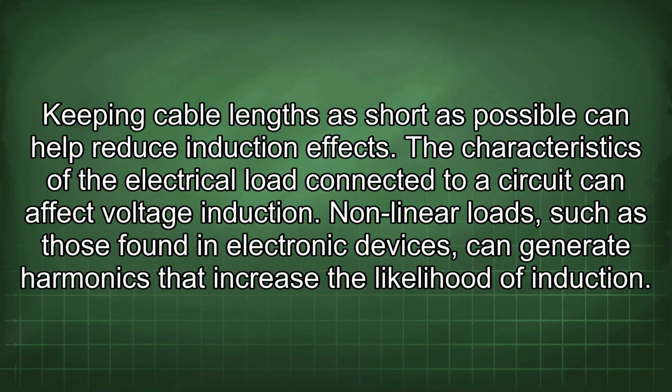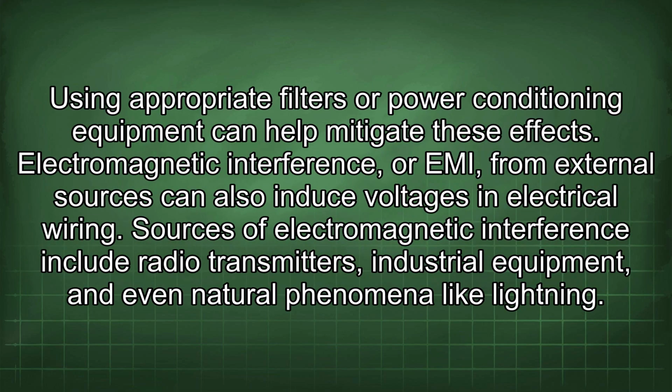The characteristics of the electrical load connected to a circuit can affect voltage induction. Nonlinear loads, such as those found in electronic devices, can generate harmonics that increase the likelihood of induction. Using appropriate filters or power conditioning equipment can help mitigate these effects. Electromagnetic interference, or EMI, from external sources can also induce voltages in electrical wiring.